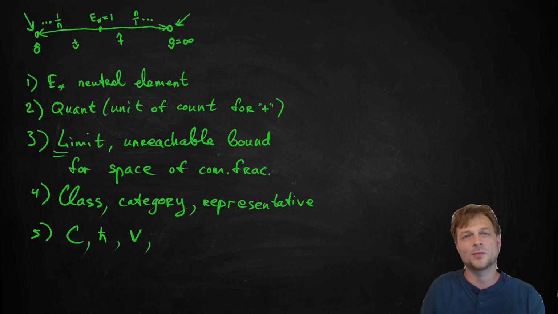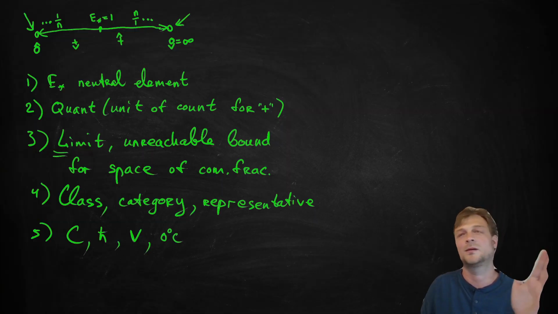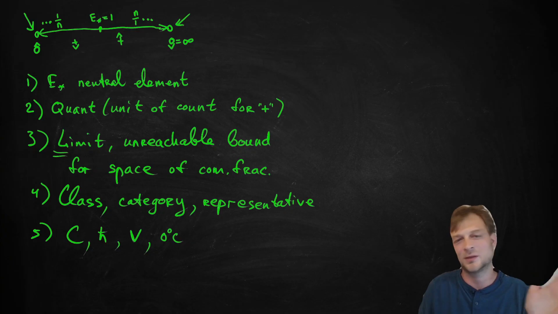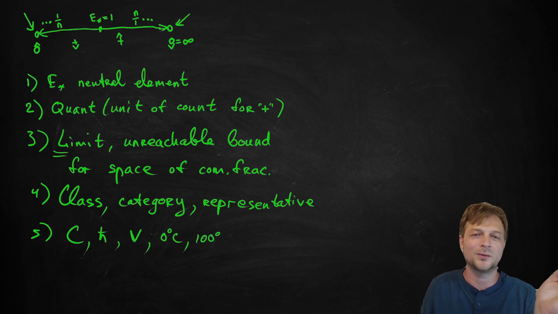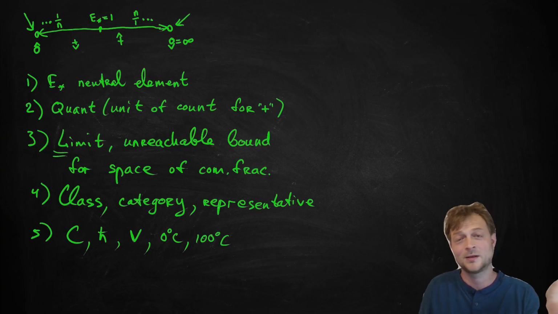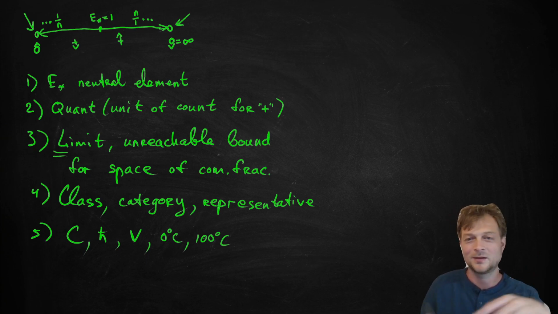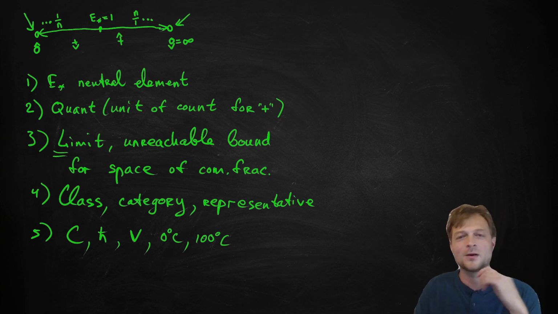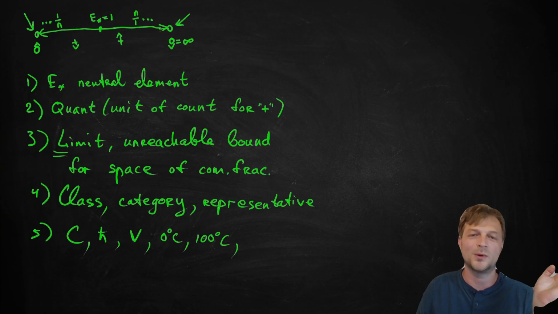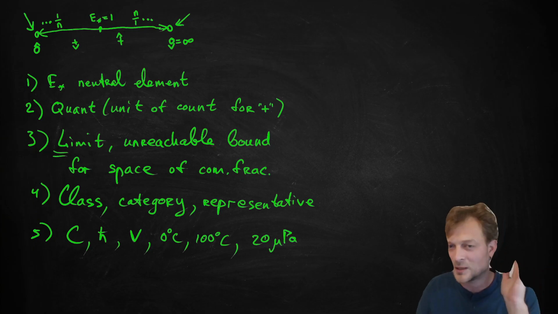We can talk about values like 0 degrees Celsius, which is basically the boundary between ice and water, or 100 degrees Celsius, the boundary between boiling water and the air. Or let's say 20 micropascal is the minimal pressure that we can hear.